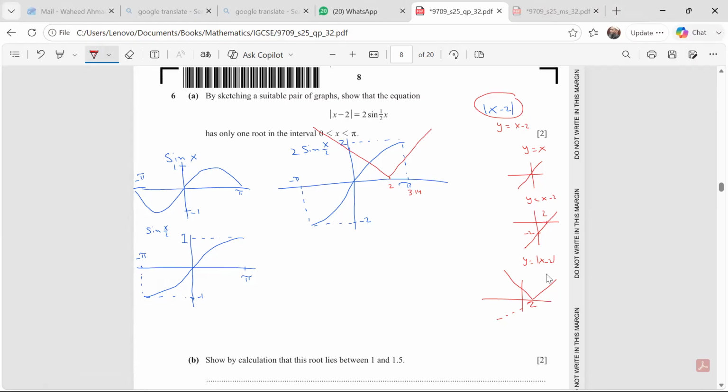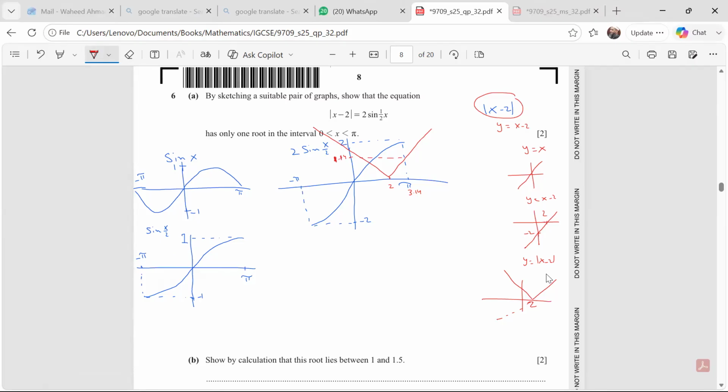So you see, when x is pi, this value will be pi minus 2. So 3.14 minus 2 is 1.14, right?